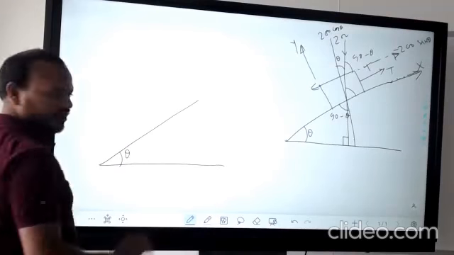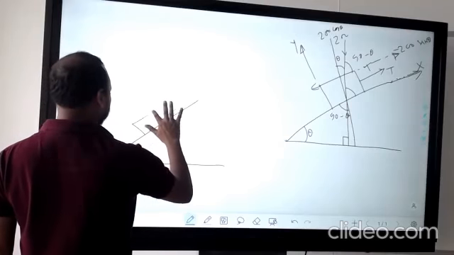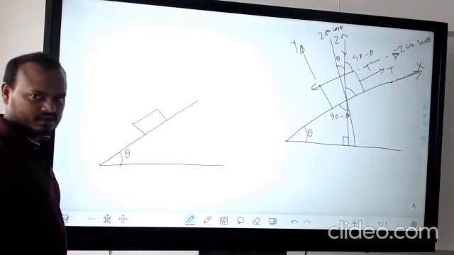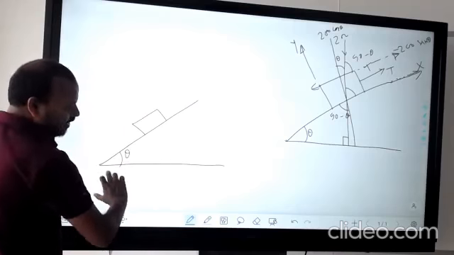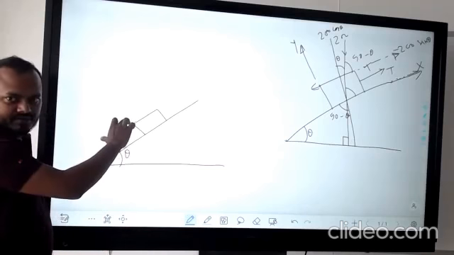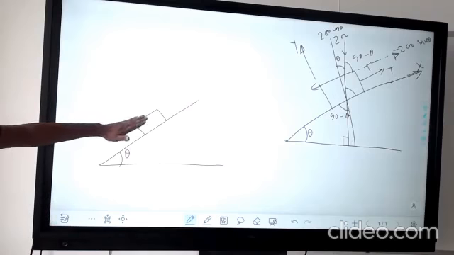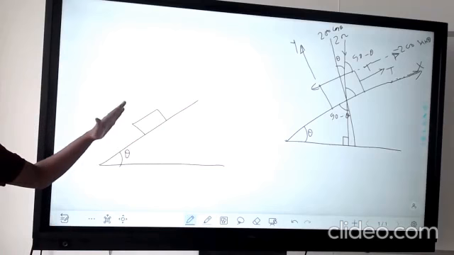This is theta. This is the block. Okay. Now this is a plane making angle theta with the surface. Now we have to draw its free body diagram, this block's free body diagram. Then we know weight always acts perpendicular to the surface it is resting on.